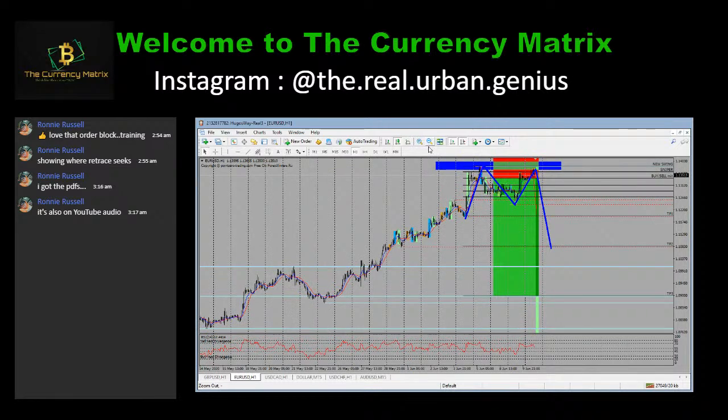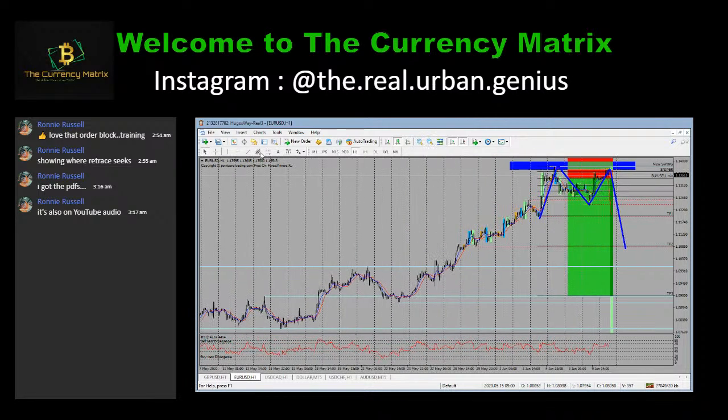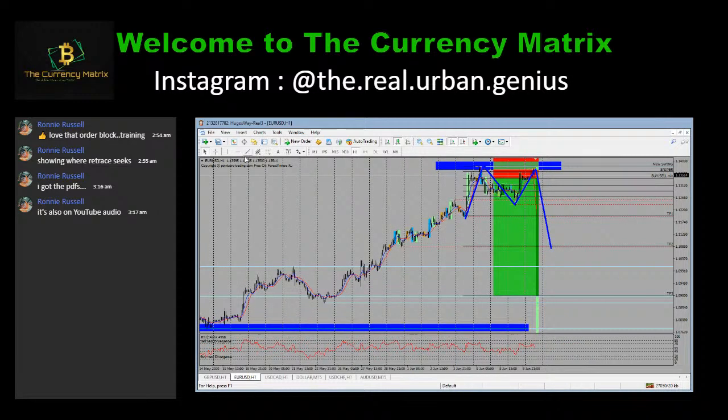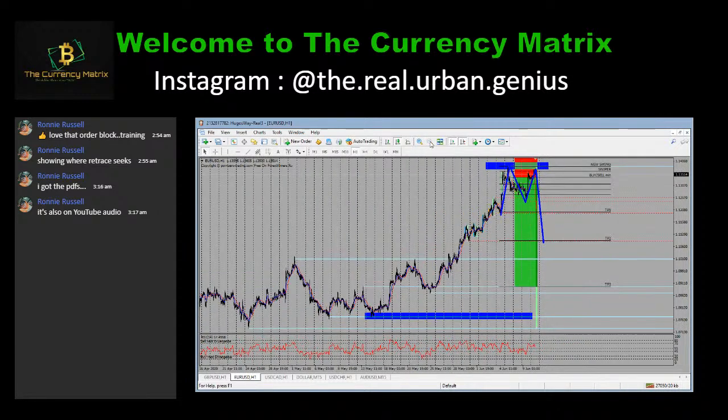So you see that M there, and if we look back at where the peak or the cycle started, it's right here. Cycle started right in here.